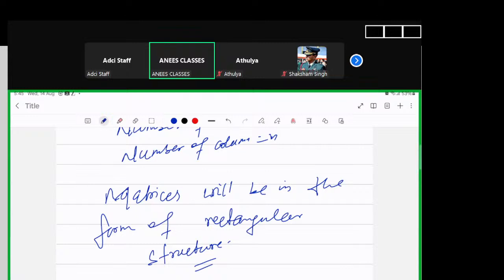So for determinants, we always have a square structure. That means for a determinant, number of rows equals number of columns. But for matrices, number of rows may be equal or unequal to number of columns.